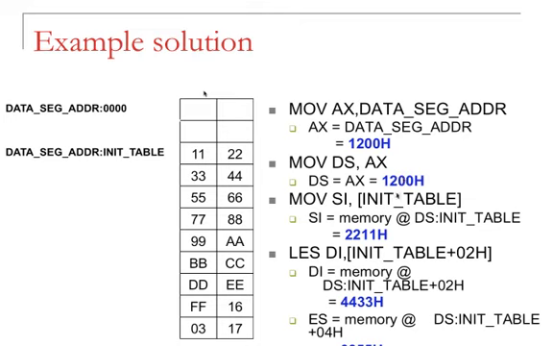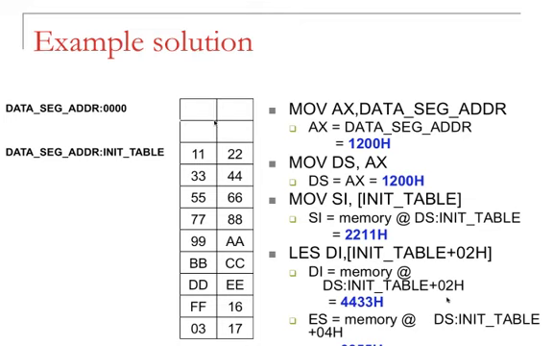Okay, so what I was describing is if I change this instruction into LES EDI, [init_table plus 2]. In that case, because EDI is a 32-bit register, we will need to take 4 bytes from this init_table plus 2, starting from this location. So you will see something like 66554433 loaded into EDI.